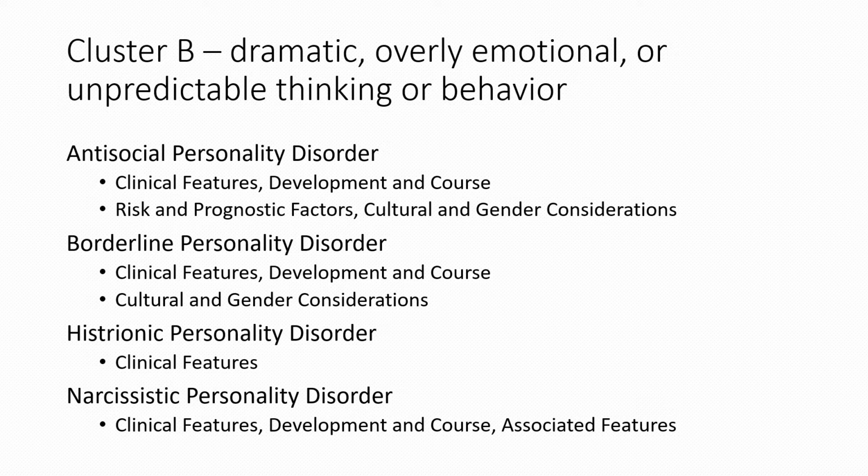Culture and gender. According to the DSM, antisocial personality disorder appears to be associated with low socioeconomic status and urban settings. Concerns have been raised that this diagnosis may at times be misapplied to individuals in settings in which seemingly antisocial behavior may be part of a protective survival strategy.